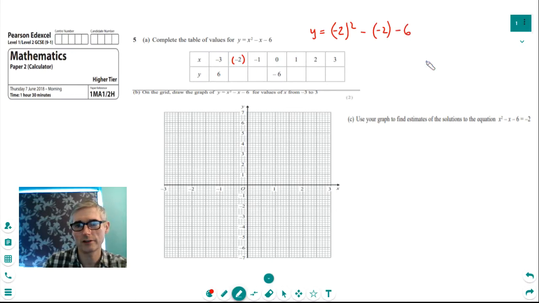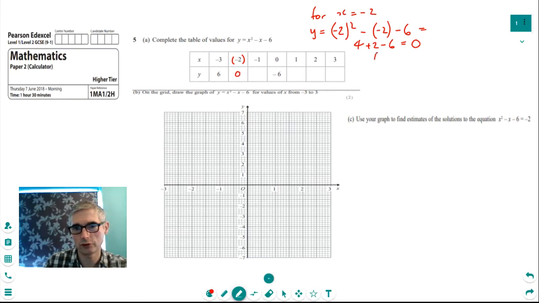If we square the first bit we get positive 4, minus minus 2 is positive 2, take 6. So 4 plus 2 take 6 will give us 0. That's the first value there.